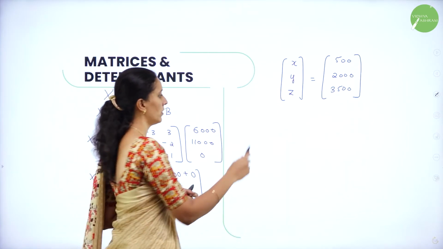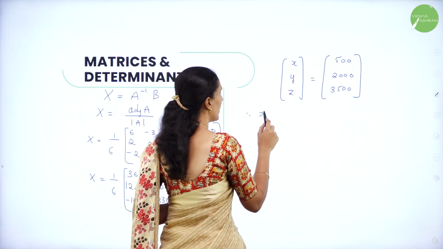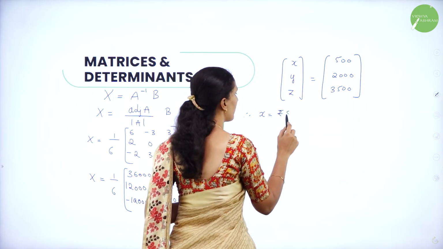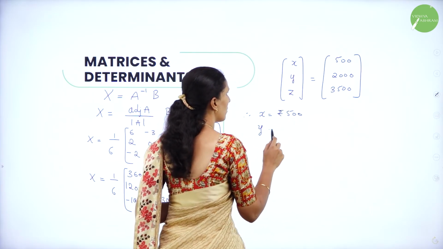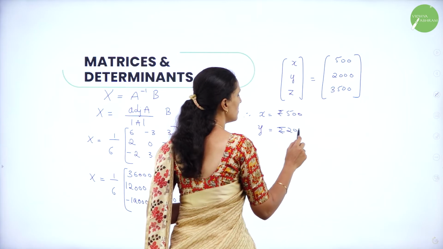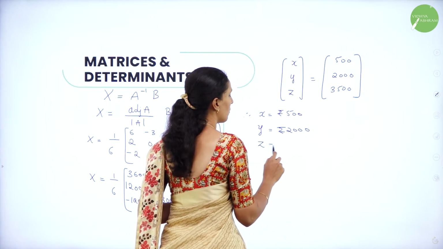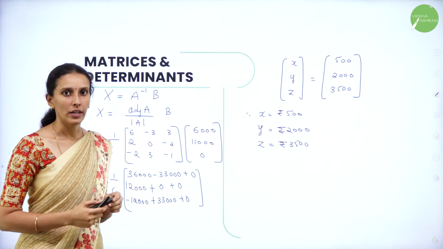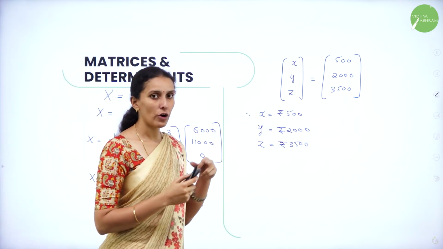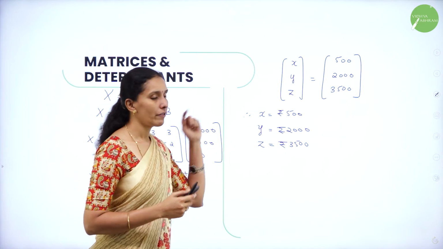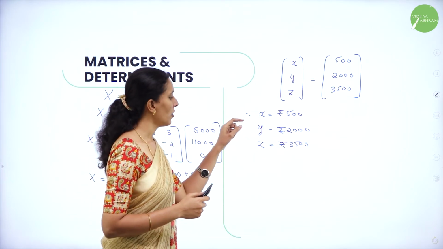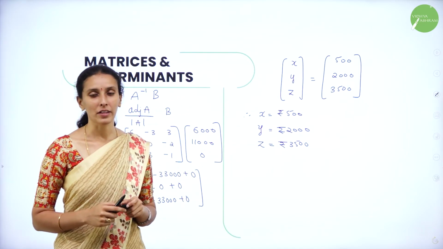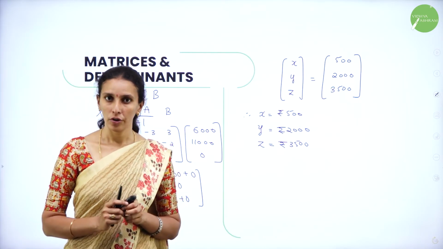So therefore, from this we got x is equal to rupees 500, y is equal to rupees 2,000 and z is equal to rupees 3,500. So that is, for punctuality they'll award 500, for good behavior they'll award 2,000 and for hard work they'll award 3,500 in terms of rupees.